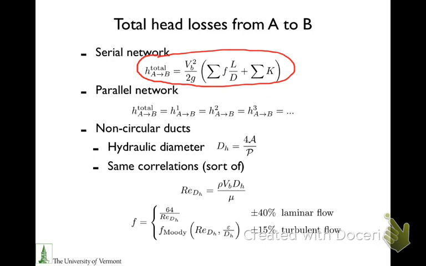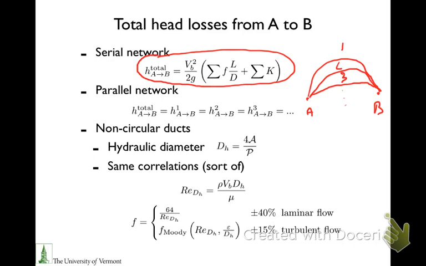If you have a parallel network of pipes, let's say you have point A and point B, and you have a series of pipes 1, 2, 3, and so on, then the head loss should be the same for all those pipes, and now you have a system of equations to solve for whatever you want to deal with.